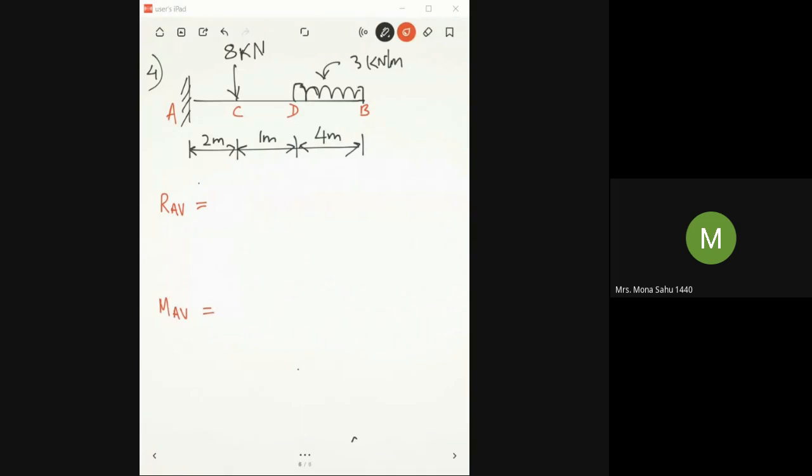Let me solve it for you guys. So let's go from B to A. You have a UDL, so 3 multiplied by 4 is the length, plus 8 is your load. Okay, it's going to be 20 kilonewton.